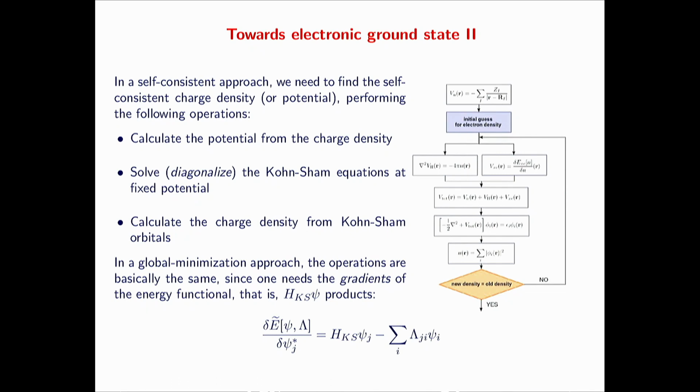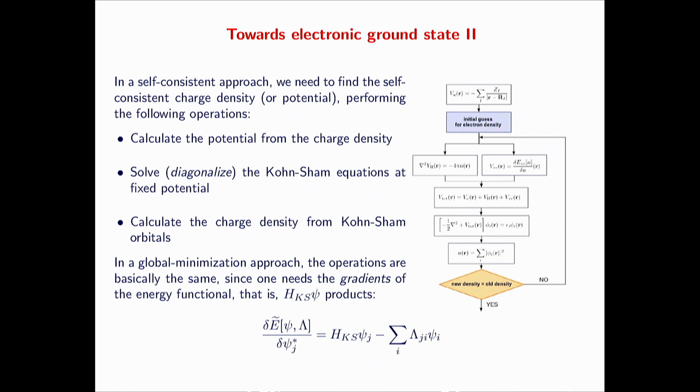In the end, the minimization of a function, mathematically, is much simpler if you know the gradients. Gradients with respect to what? In this case, the gradients with respect to Kohn-Sham orbitals. So the variables are the Kohn-Sham orbitals. You need the functional derivative with respect to the Kohn-Sham orbitals.